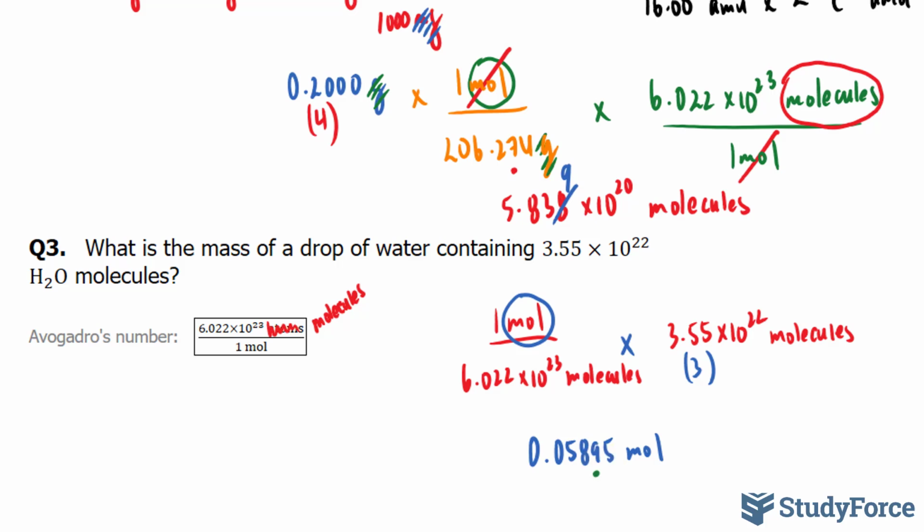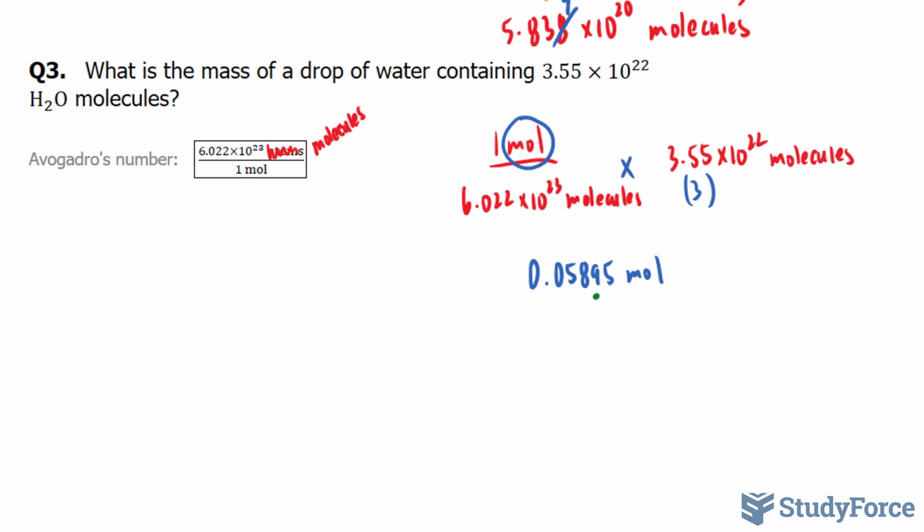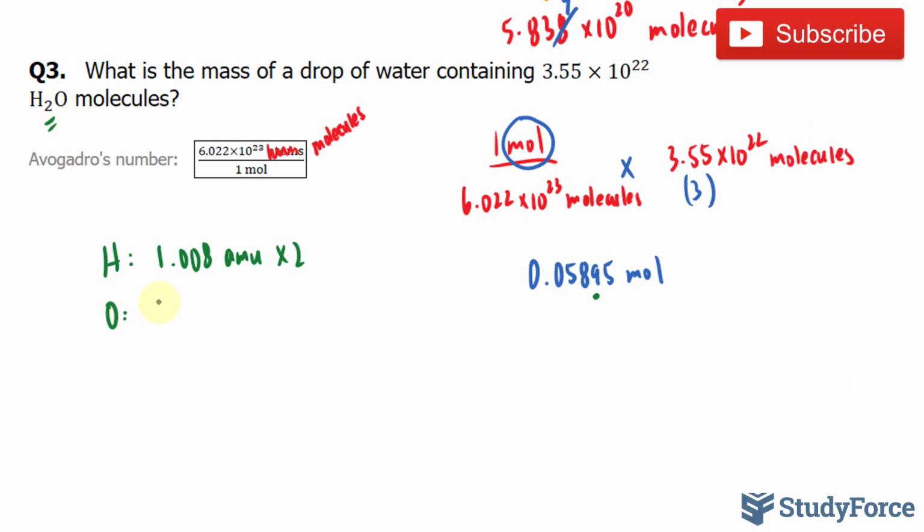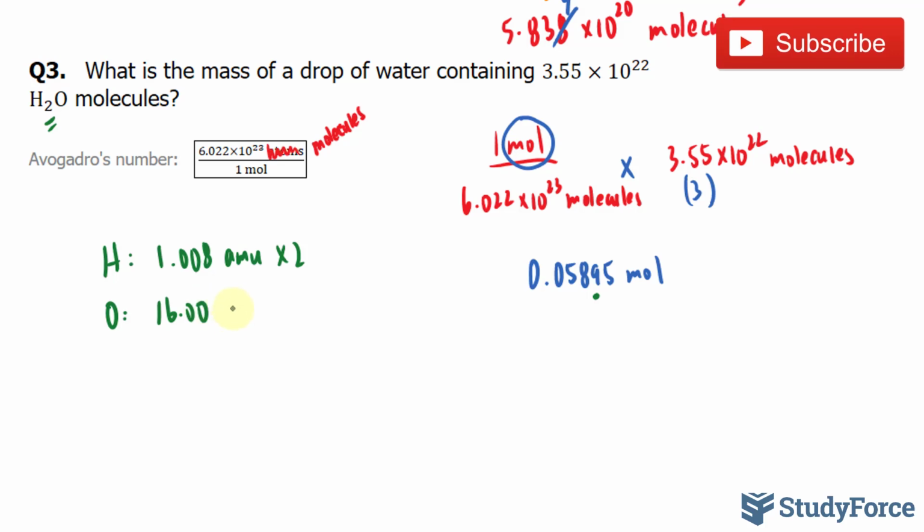Now I will find the formula mass of H2O. H2O, we have a molar mass of H being 1.008 AMU, and I'll multiply that by 2 because of this subscript, and the molar mass of oxygen is 16.00, and you can find this in any periodic table, and we won't be multiplying that by anything because it's considered 1.